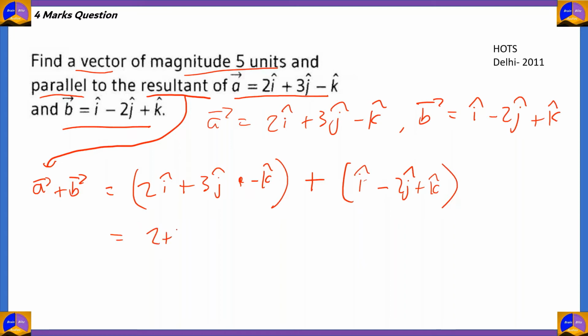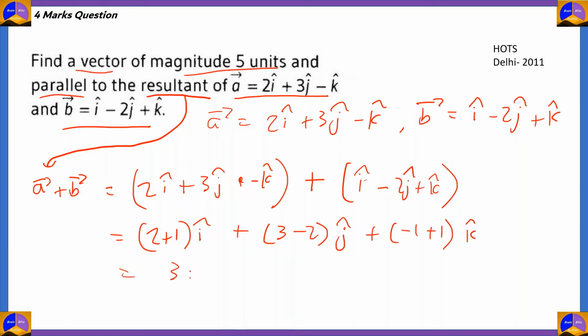So 2 plus 1 i plus 3 minus 2 j plus minus 1 plus 1 k. So that will give you 3i plus j plus 0k. And the reason why we write 0k is we need to represent it in the standard form. So this is the vector a bar plus b bar.